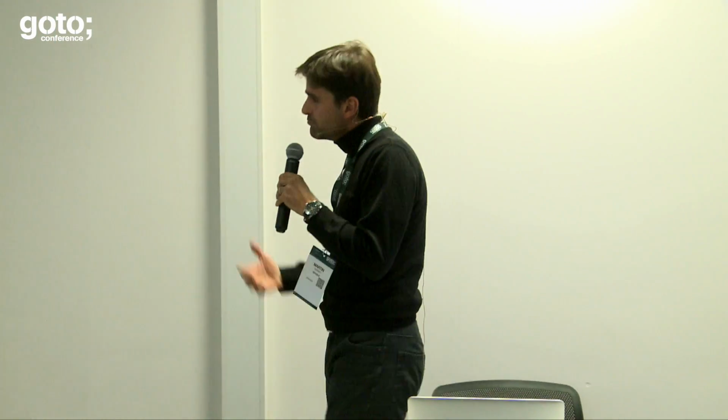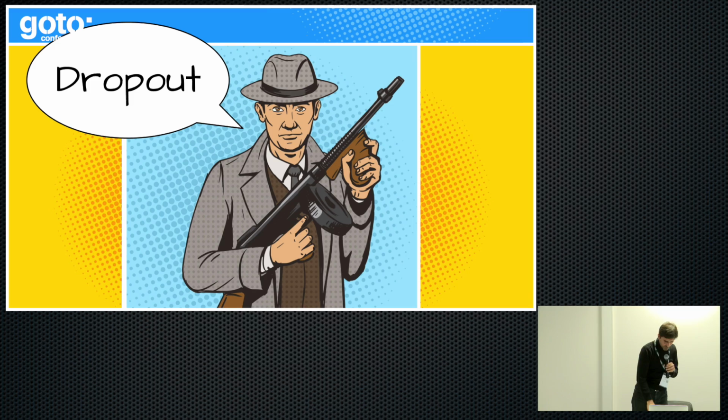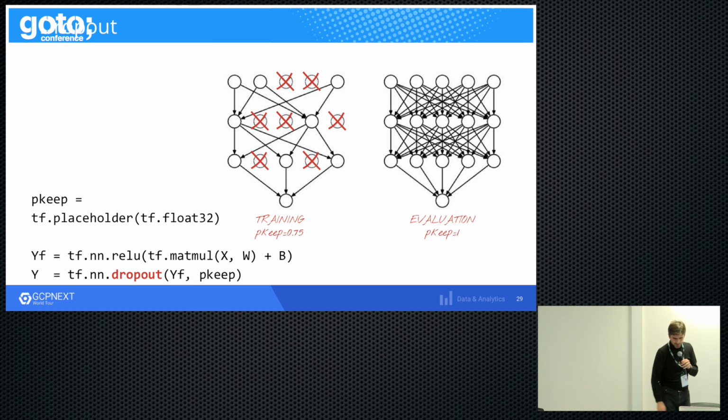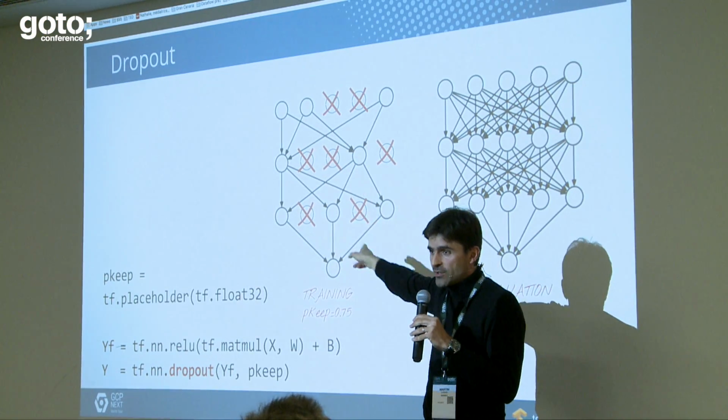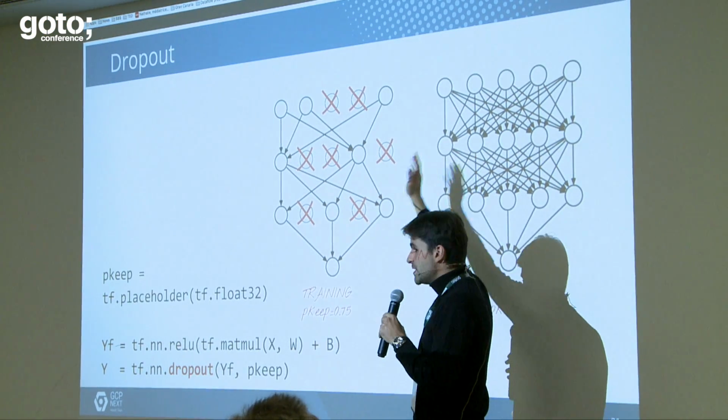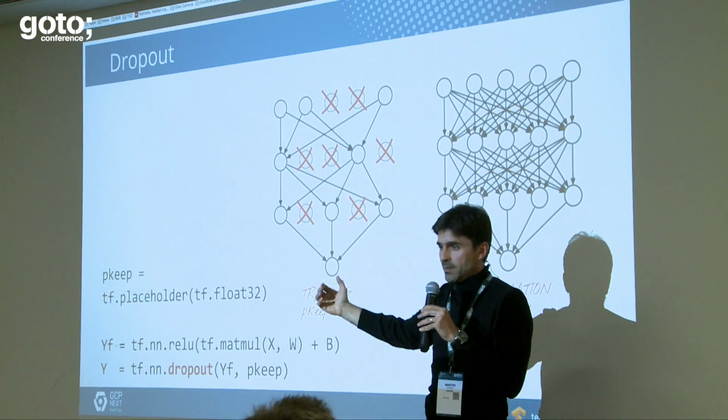That is a bit of a problem. It's a problem that people usually call overfitting. And if you look up a manual, people will tell you, well, you need regularization, and the standard regularization is called dropout. And dropout is actually a really brutal technique that works like this. You take your neural network, and during training, in each round of training, you're going to shoot a certain percentage of your neurons to discard them from your model.